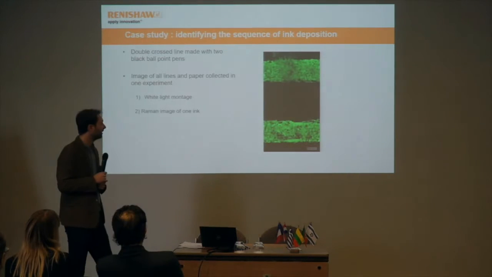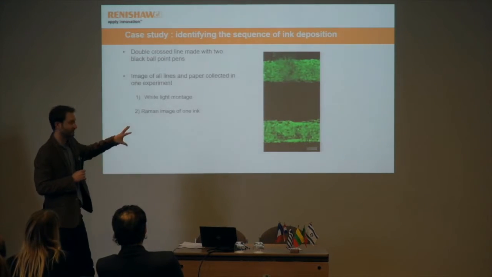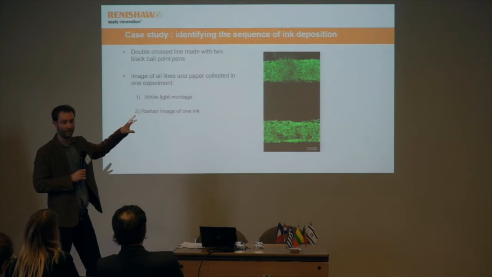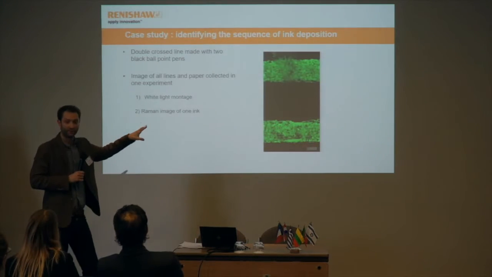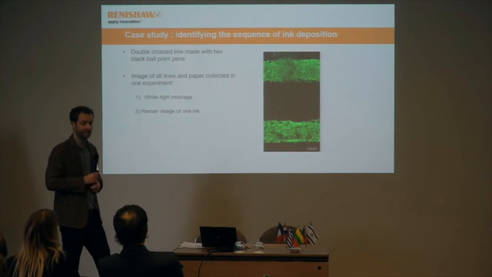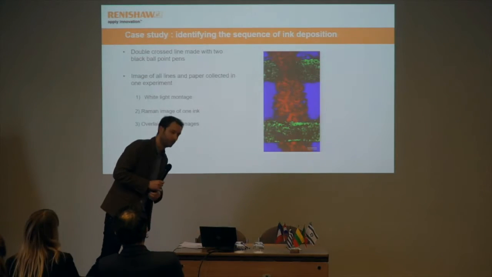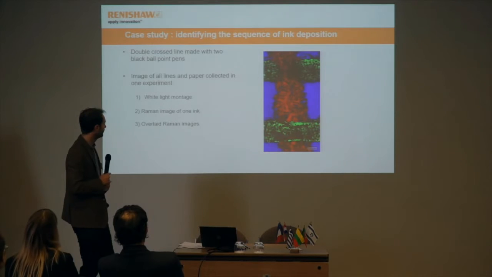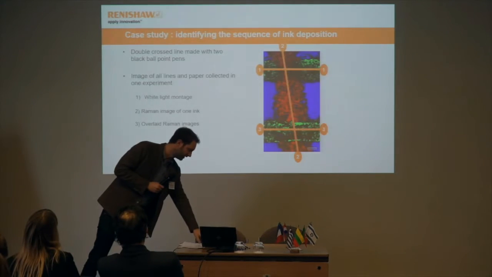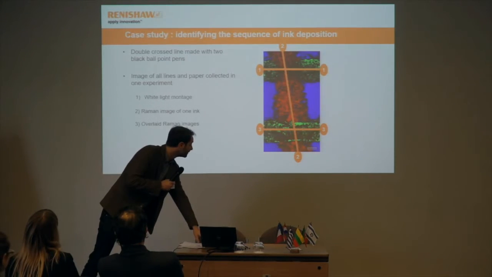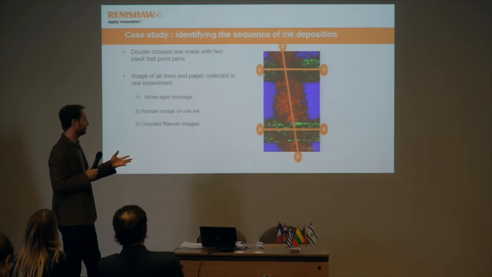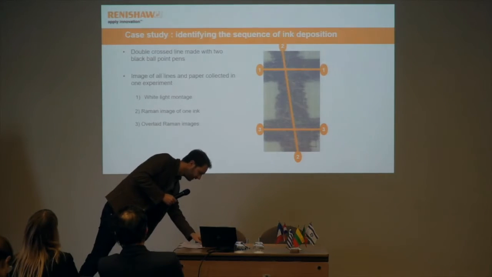Well, with Raman spectroscopy, the two inks have two different spectrum fingerprints, and we can easily differentiate them. We can even see which one is on top of the other. So that's quite straightforward with that.